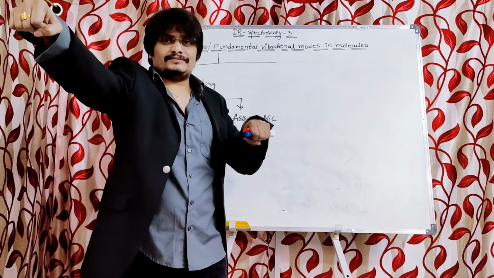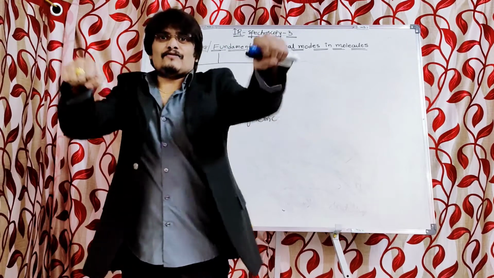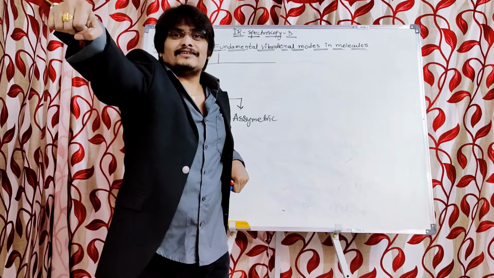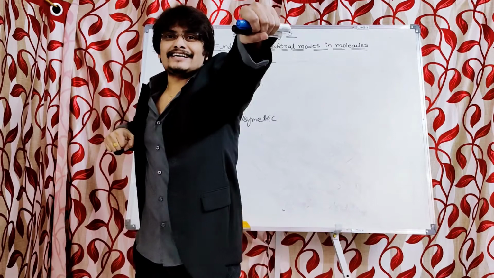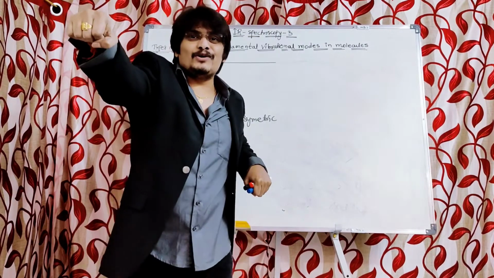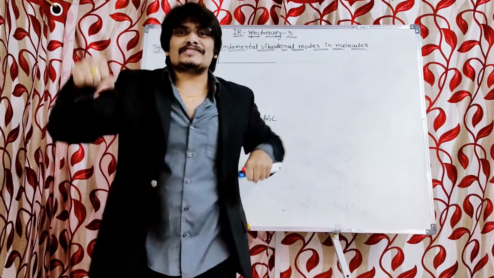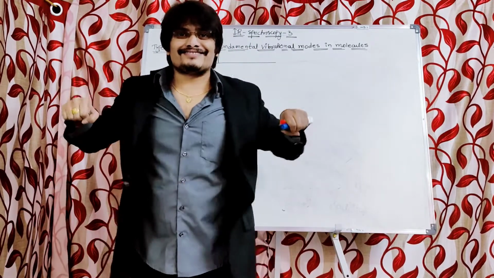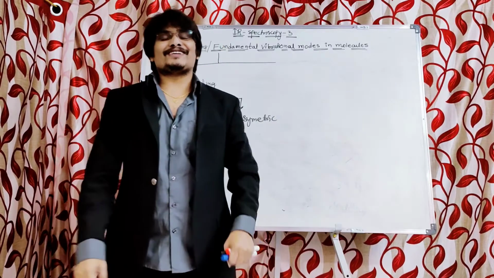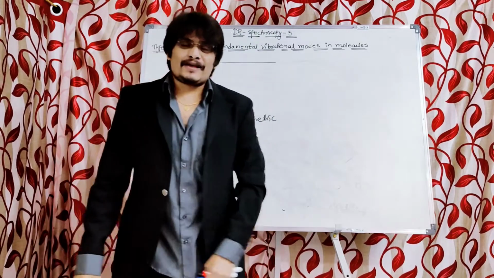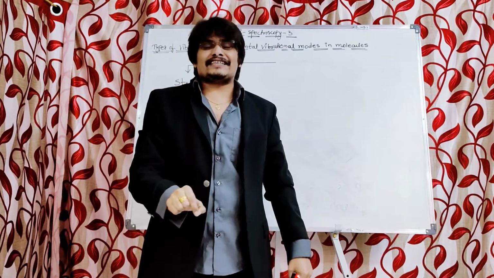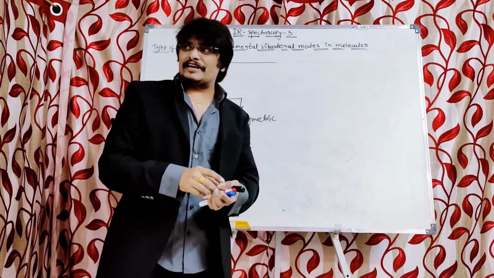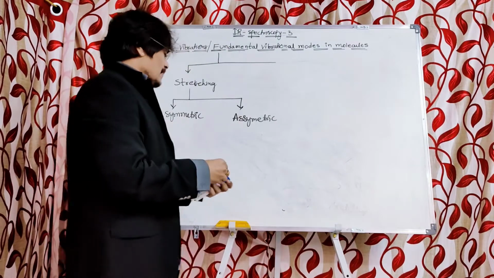One is increasing, the other is decreasing. So this asymmetric stretching is making me do harder work when compared to symmetric stretching. Based upon this, we can say that the energy of asymmetric stretching is more than symmetric stretching.